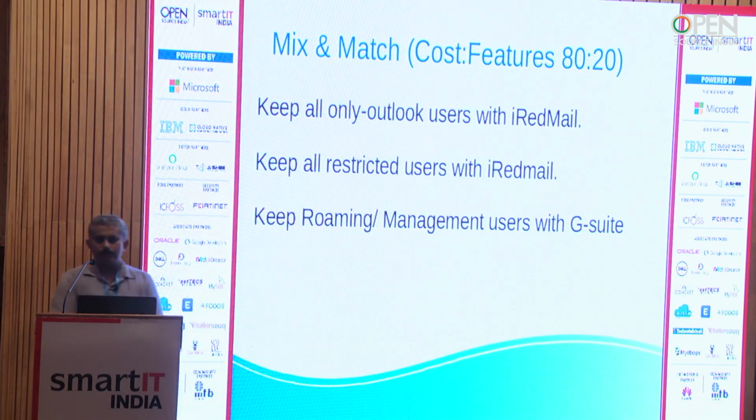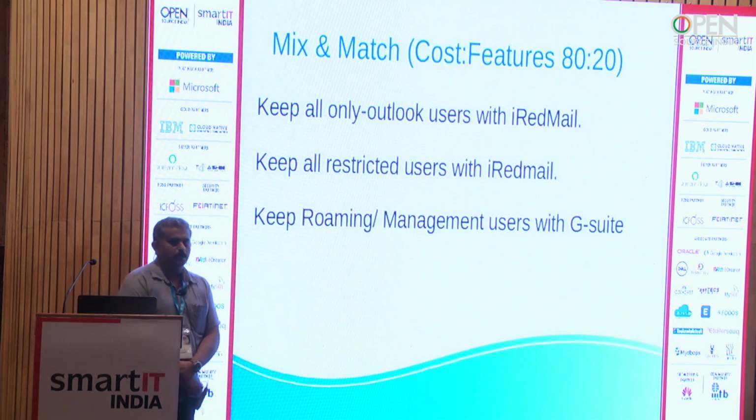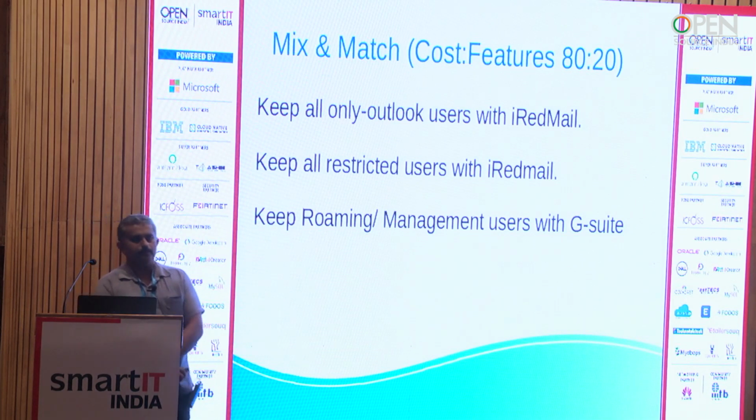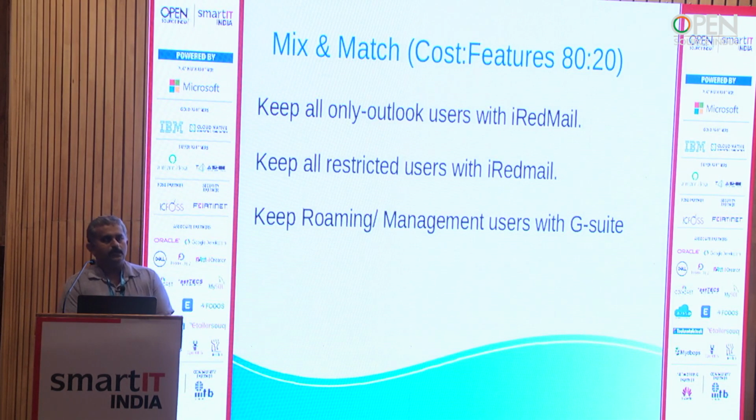We will keep 80 mailboxes on iRedMail and 20 mailboxes on G Suite. Most of the management prefer to use Google, they will be roaming and they want to have all the access. But if the end user is only an Outlook user, he is going to use only POP3 or IMAP.